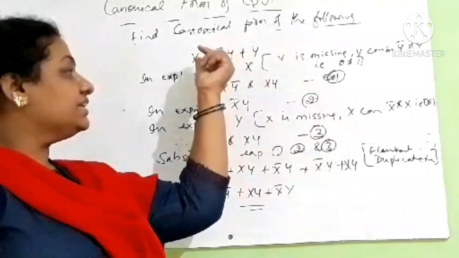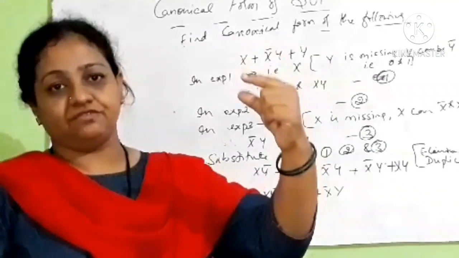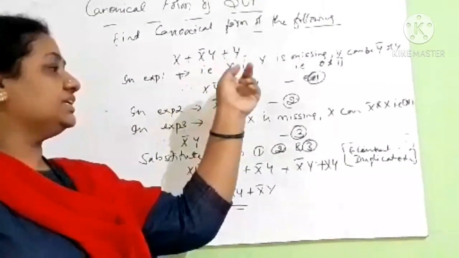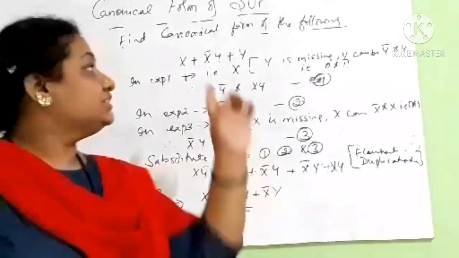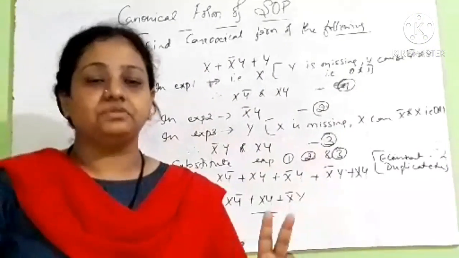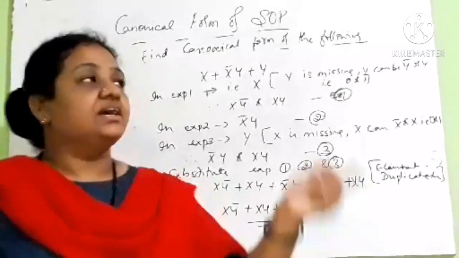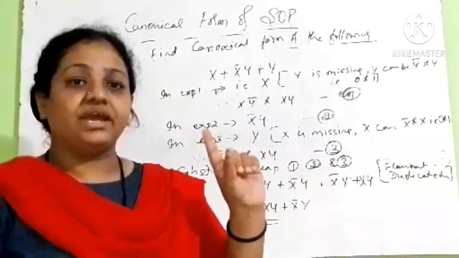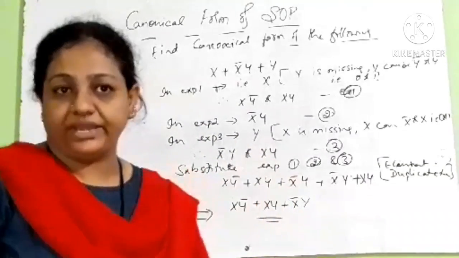Let us take individual expressions from the given Boolean expression. Let us take expression 1, that is x. As you can see in the Boolean expression there are two variables, x and y. In the first expression, that is x, there is no y.